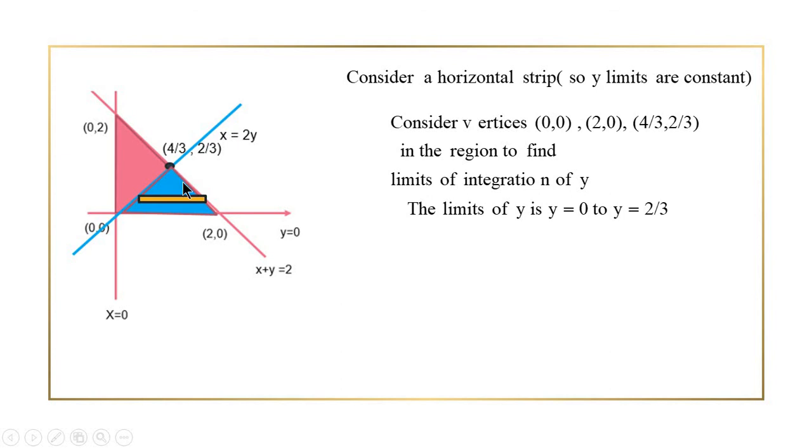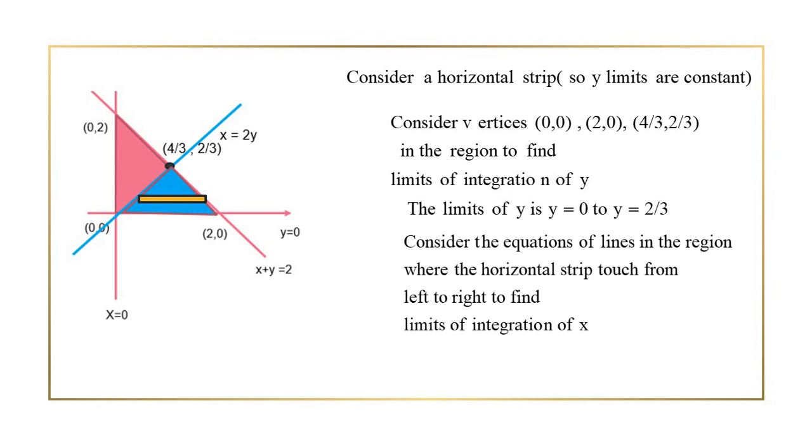And towards the right side, the strip touches the rose colored line, which is x equal to 2 minus y. Always consider the limit from left to right. So our limit of x is from 2y to 2 minus y. And we have got both the limits of x and y.